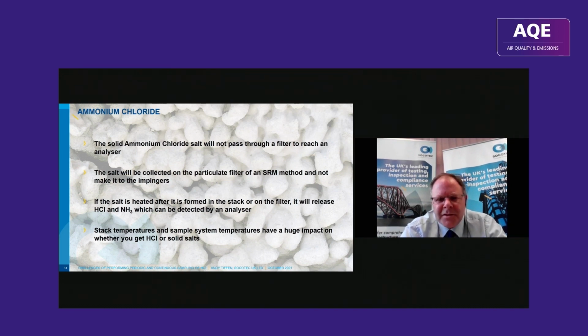And there is some discussion to be had as to whether the emission at that point is particulate because it's an ammonium chloride solid, or whether the emission is HCl and ammonia. It really depends on what condition they were in in the stack at the time. And stack temperatures and indeed sample system temperatures seem to have quite an effect on whether you get the two gases, HCl and ammonia, or whether you get solid salts.